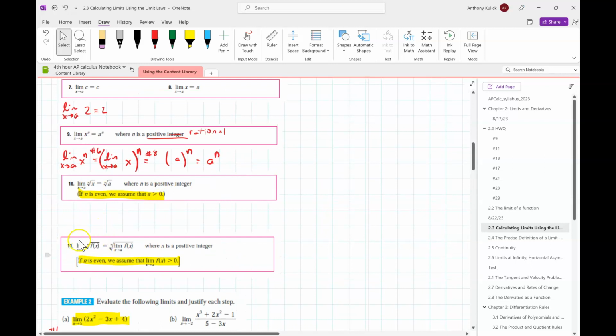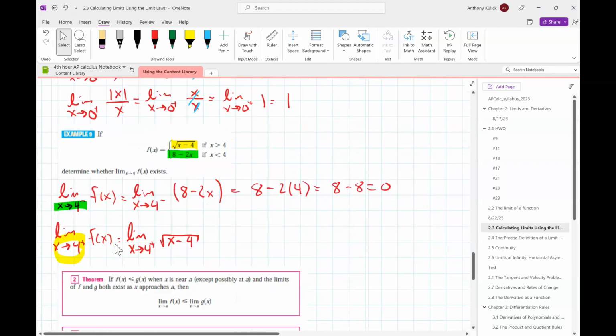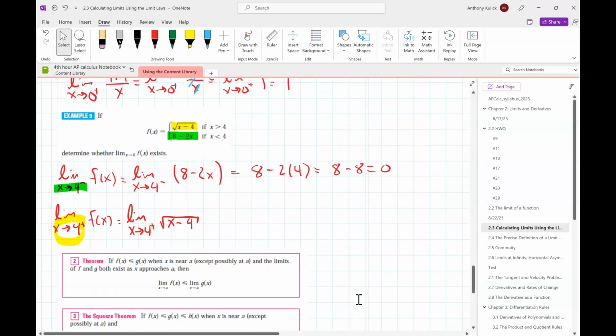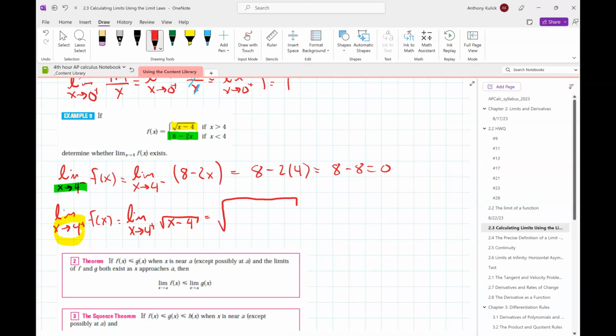Look at what I can do. I can take my limit sign and just stick it underneath the radical. That's the tool that I'm going to use to get myself into a place where I can do direct substitution. Everybody's good with that? Now this piece, I can direct substitute.